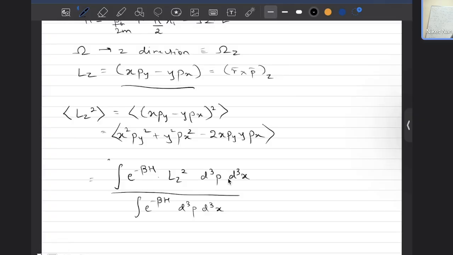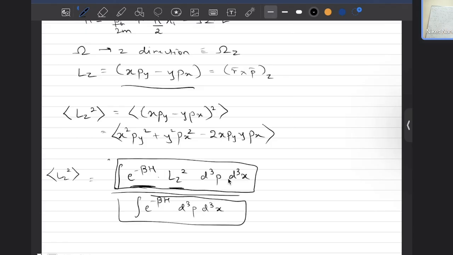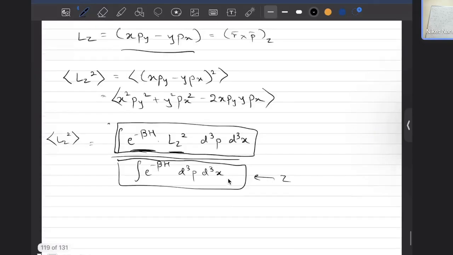This is what will give me the average of Lz square, right? This is what we have been doing, since this is just the weighting factor and Lz square, with the weight, divided by Z. The denominator is just Z, the partition function. This is how we evaluate the average for any quantity.